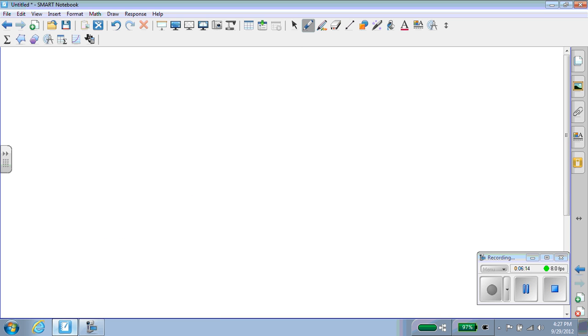Let's try one more. 1 divided by tangent squared x plus 1. Well, I could replace tangent squared x with 1 over cotangent squared x. I could replace tangent squared x with sine squared x over cosine squared x.